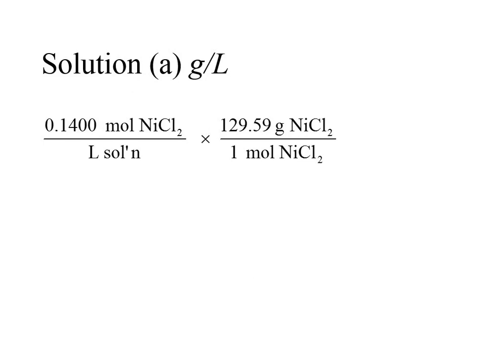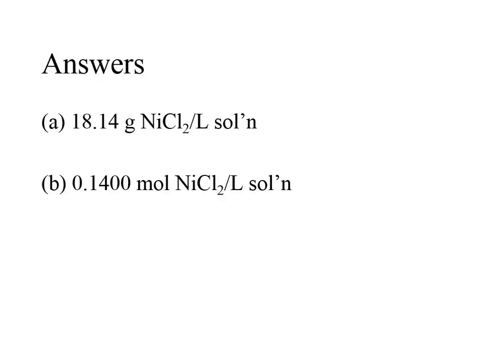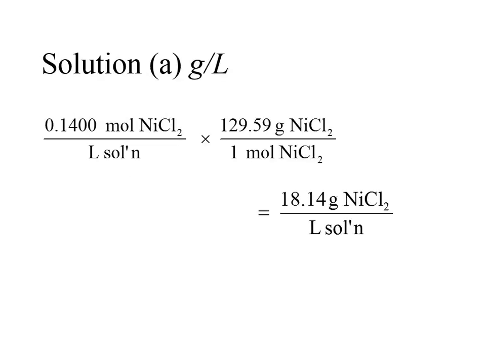So it would be the 0.1400 moles of NiCl2 over 1 liter times the molar mass of NiCl2, which is 129.59 grams of NiCl2 per 1 mole of NiCl2. So moles cancel, we're left with units of grams of NiCl2 per liter solution. Rounded to 4 significant figures again, I get 18.14 grams of NiCl2 per liter of solution.